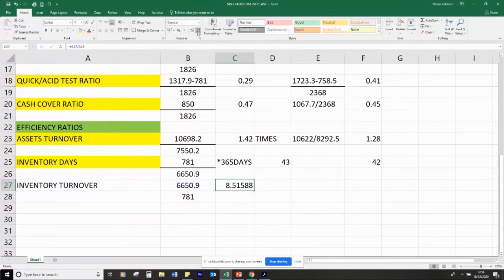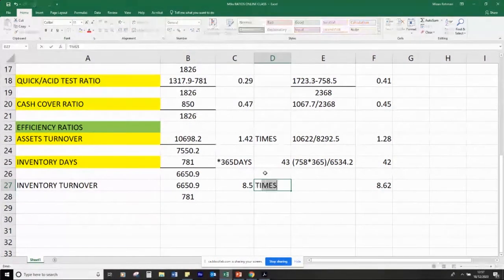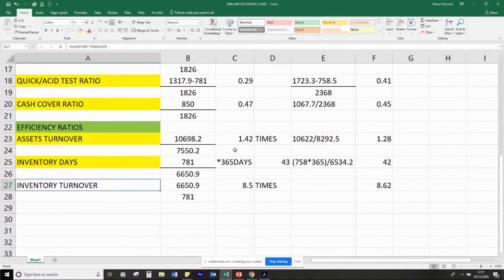That's 8.5 times they sell their inventory. Okay, so we get 6534.2 divided by 758. More or less the same. They sell their inventory around 8.5 times a year.